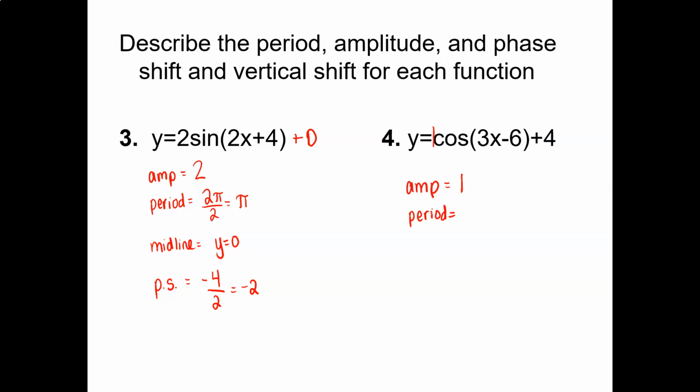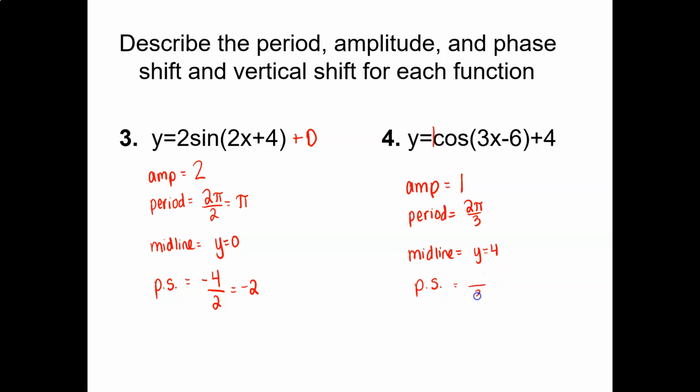Okay, let's see. Manuel, what's my period going to be for number 4? 2 pi over 3. Beautiful. Let's see. Ethan, what's the midline? Very good. And Matthew Bashirs, what's the phase shift? Not 4.